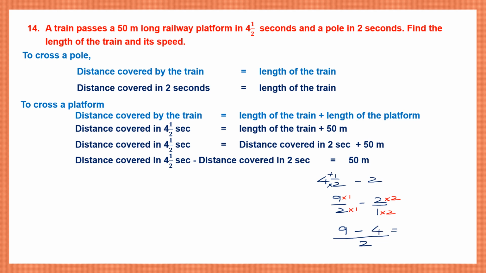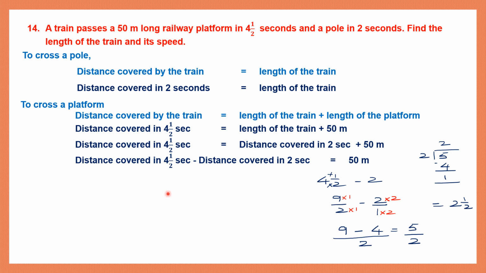So 9 minus 4 is 5. 5 by 2, let's convert it to a mixed number. 2 2s are 4, minus 1. So this is 2 1 by 2, or 2.5 seconds.